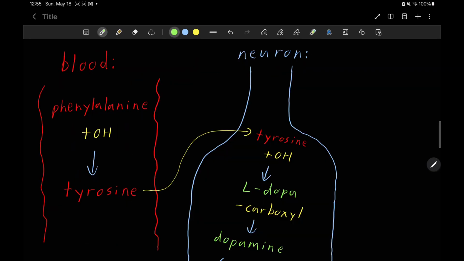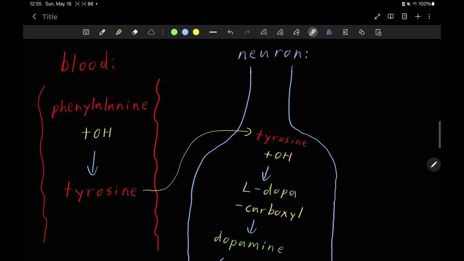Now, in our last video, we looked at the catecholamine production pathway, so how catecholamines get produced. Again, I'd really recommend watching the previous video, Catecholamines Part 1, as it will explain this process much more in depth, and this process is very relevant for the messenger molecules we're going to look at today, epinephrine and norepinephrine. But going over it briefly, in our blood, we have a molecule called phenylalanine.